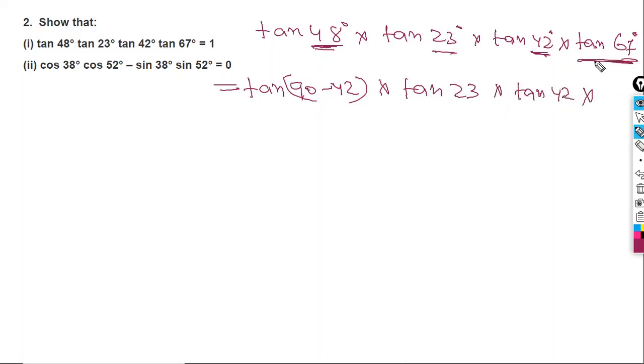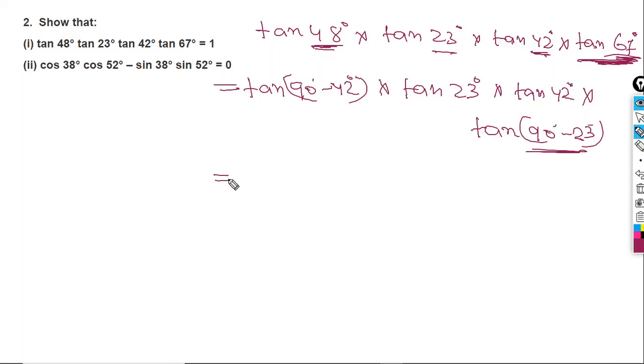Here 67 is equal to 90 minus 23, so instead of 67 we write tan (90 minus 23). Give the degree symbol in all the angles.